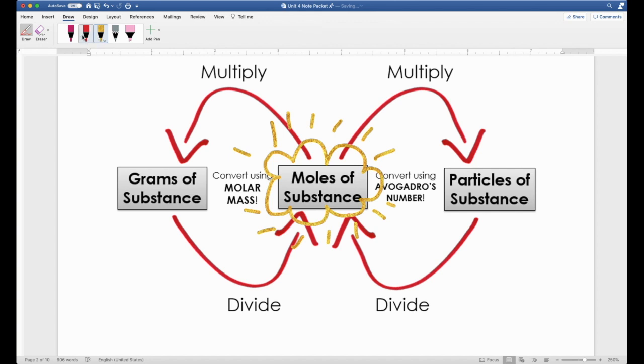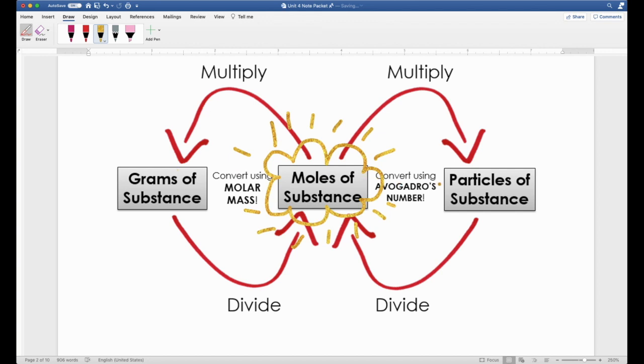If you are converting from the number of grams to the number of moles, you need to use the molar mass as a conversion factor. And that molar mass is what you find on the periodic table. And this nice graph tells you what to do with that molar mass. If I'm going from grams to the number of moles, you do need to divide by the molar mass. Or if I'm going from moles to grams, you do need to multiply.